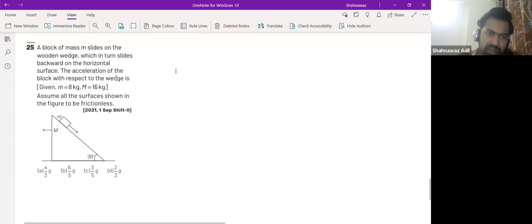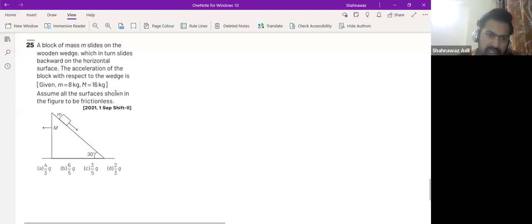The acceleration of the block with respect to the wedge is what? So we have to find out this acceleration. We have to apply free body diagrams and Newton's second law, and then find the answer, right?